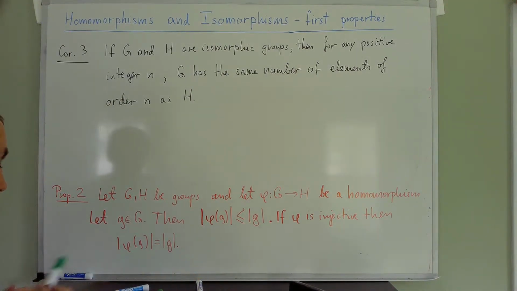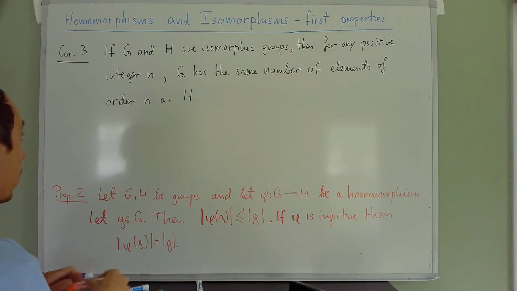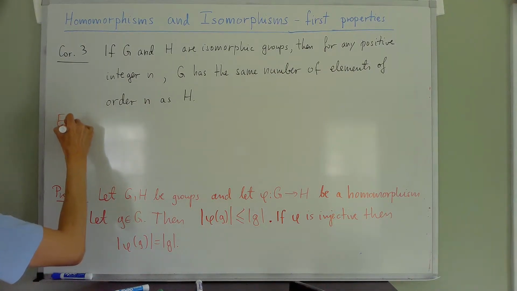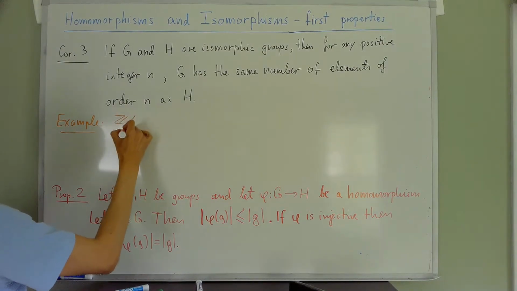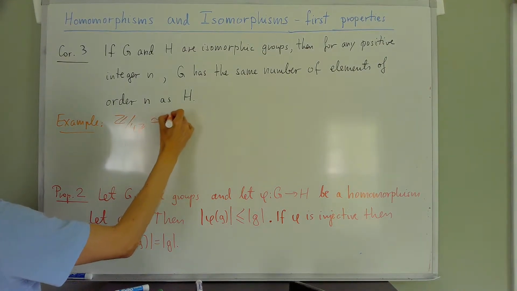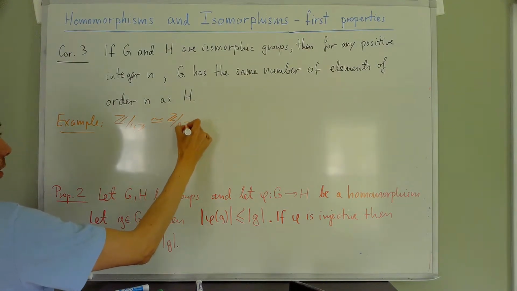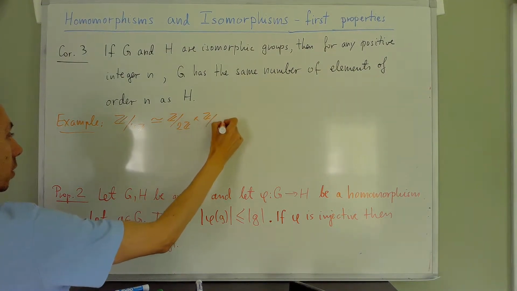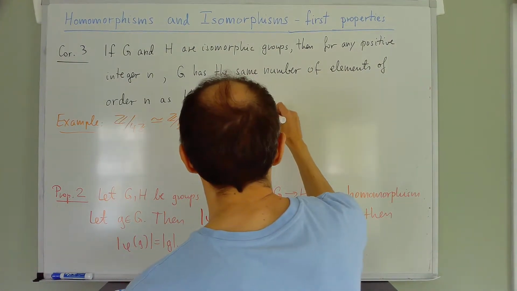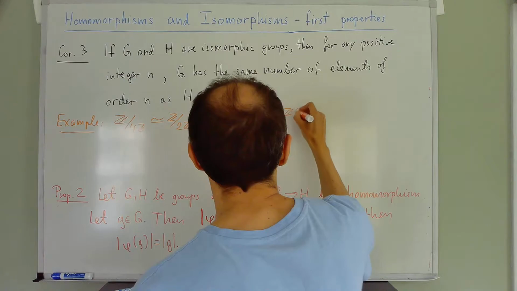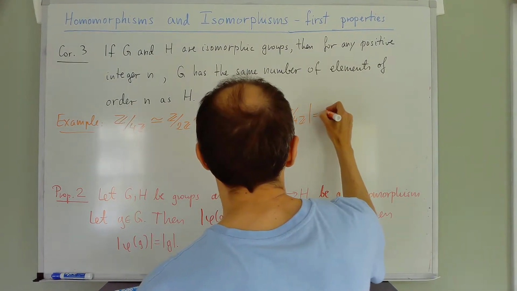So let's now do an example. Remember, I wanted to see if Z mod 4Z is isomorphic to Z mod 2Z cross Z mod 2Z. Note, they both have the same number of elements, so they both have order 4.